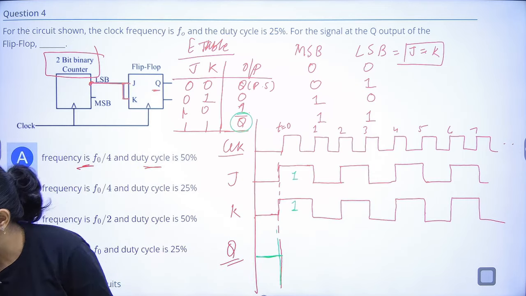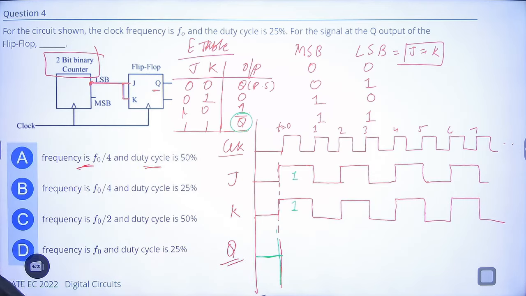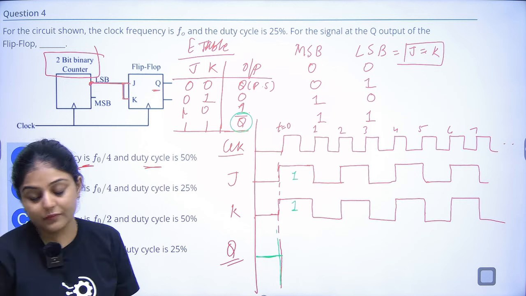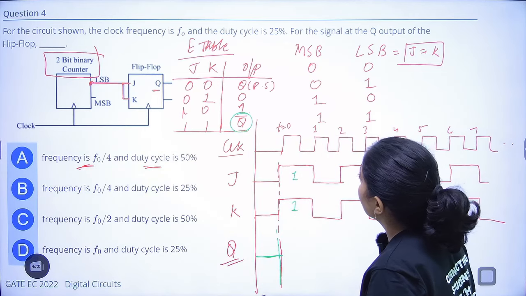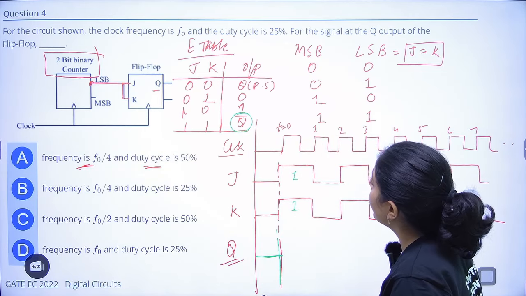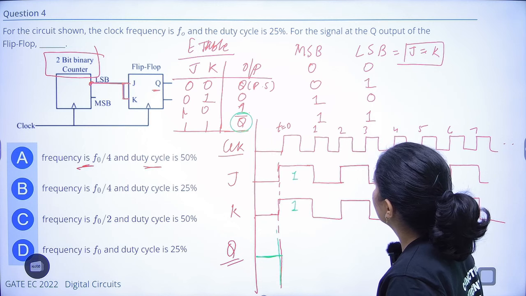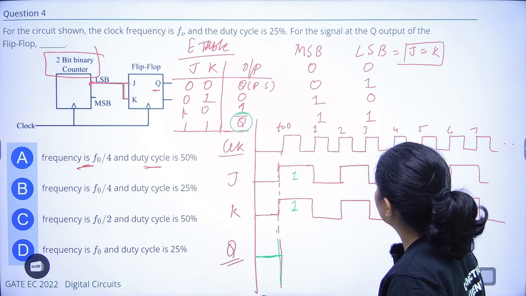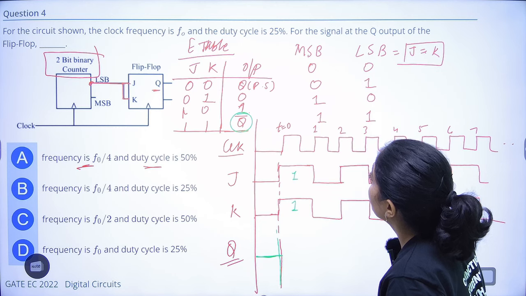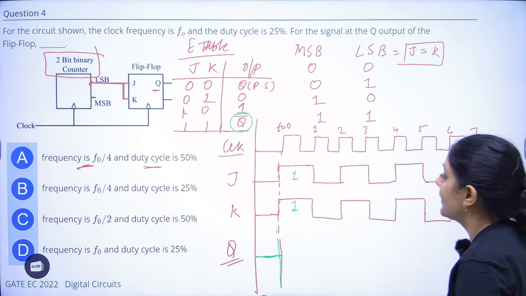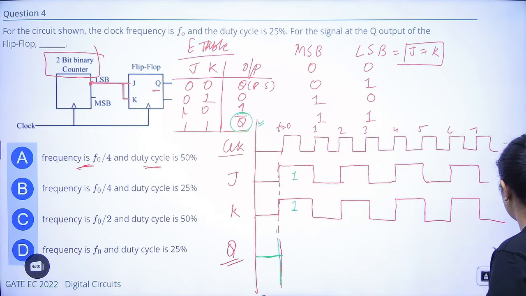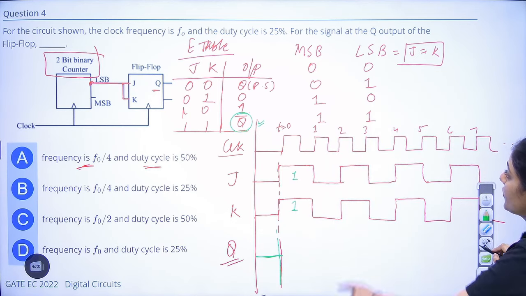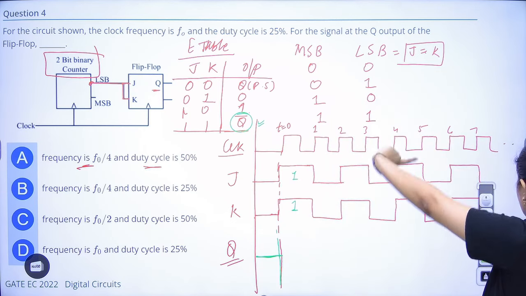We start from t equals 0, because the starting value was 0 only.